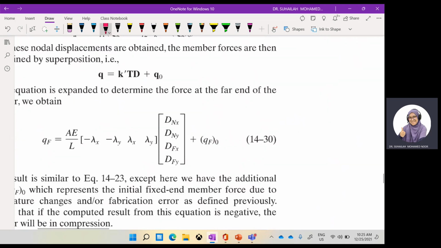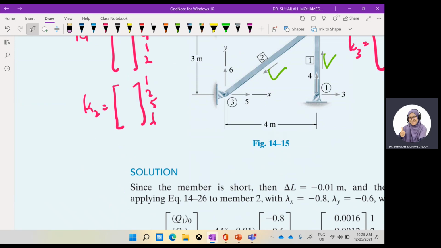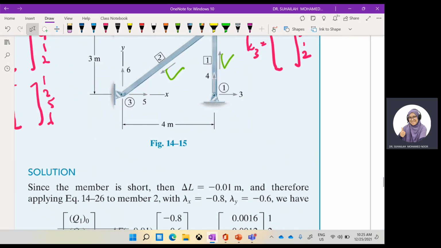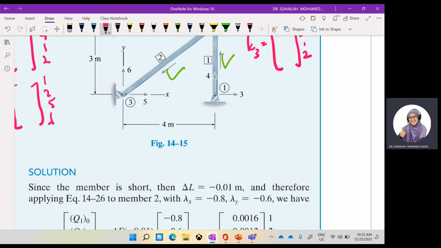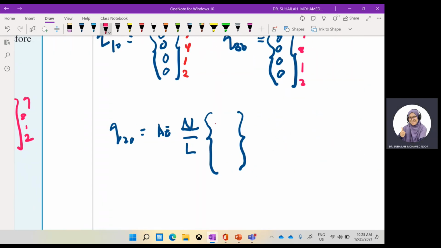So we have CX, CY, negative CX, negative CY. Here CX or lambda X for member 2 is negative 0.8, and CY is negative 0.6. So we have here negative 0.